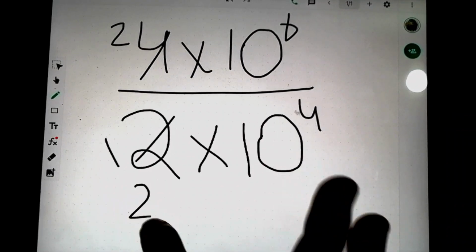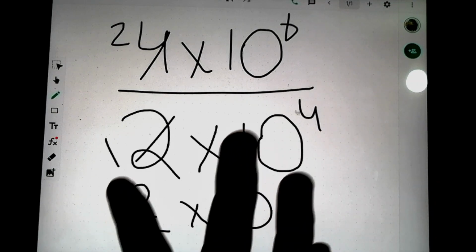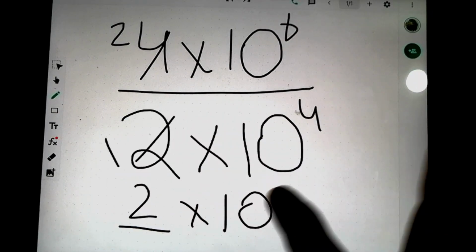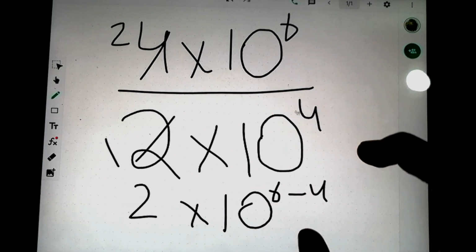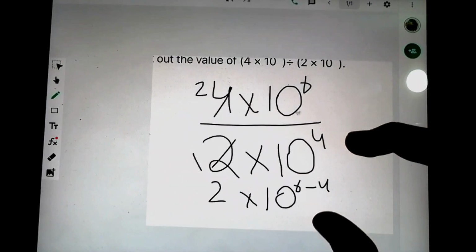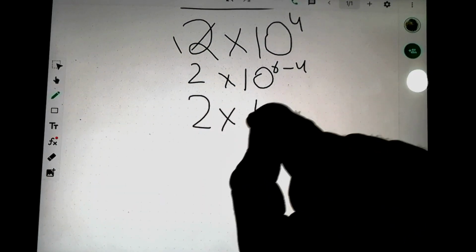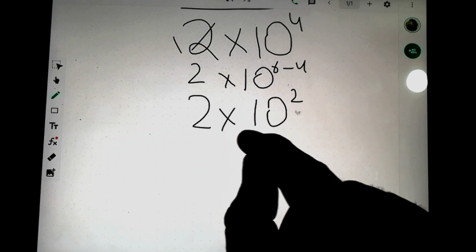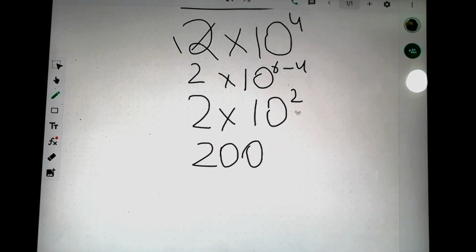So we're left with 2 multiplied by 10 raised to the power 6 minus 4. 6 minus 4 is 2, so 10 raised to the power 2, which is 100. 2 multiplied by 100 is 200, which is the same answer we got when we did it the other way.